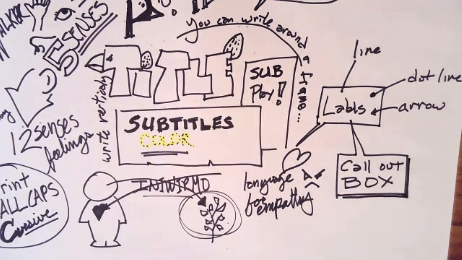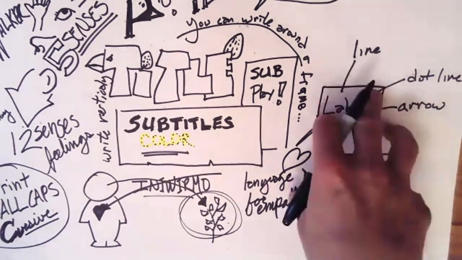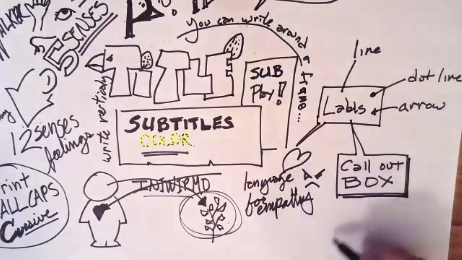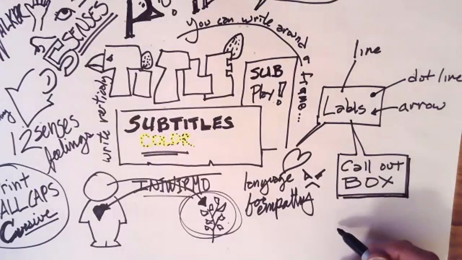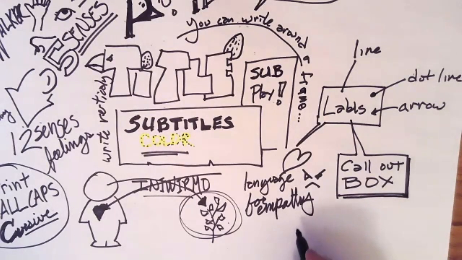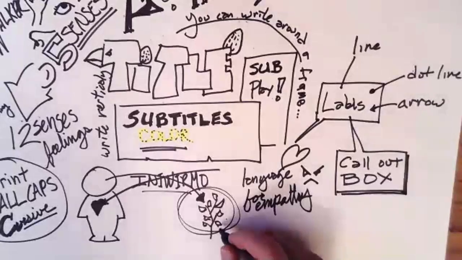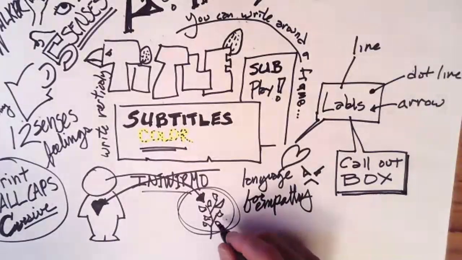All right, but labels are really useful and a very unintimidating way to start to add words into your thing. Anytime you've got a drawing and you don't like it, and you start to feel that kind of art pressure, like, oh, it's not looking right, then just say it is now no longer a drawing, it's a labeled diagram.